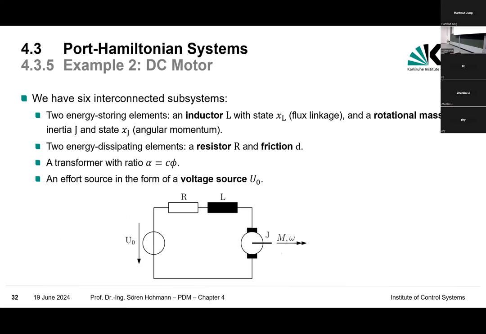And then we have the rotating shaft with a certain inertia, J, which has to be respected, so we have to consider Newton's laws as well.